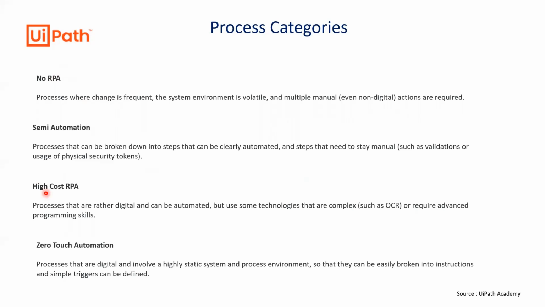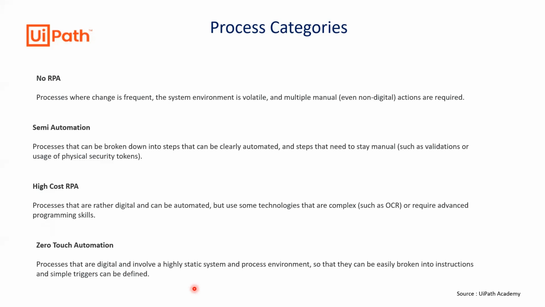It is a good candidate for RPA, but it is a high cost RPA, which means that there are some complex things included. And the last one is called the zero touch automation. Processes that are digital, all the systems are in a highly static process environment. We can easily break down the instructions and everything is clearly defined. Then we say, okay, this is an automation and we are happy to do this automation, right?